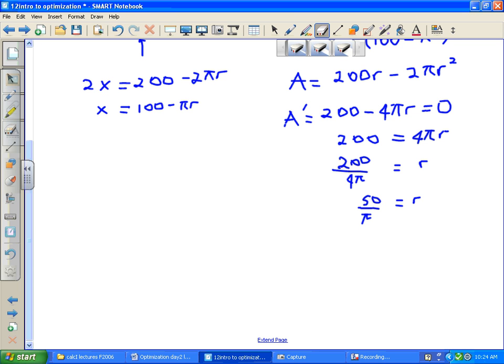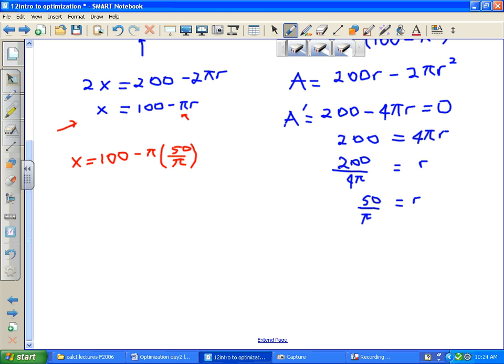But I noticed that if I look into the equation for x over here, r will be multiplied by pi anyway. So I'm not going to simplify it yet, because when I plug it in there, I can simplify this at the end. So x is equal to, from this equation, 100 minus pi times r, where r is 50 over pi. Again, you could have used a decimal answer.